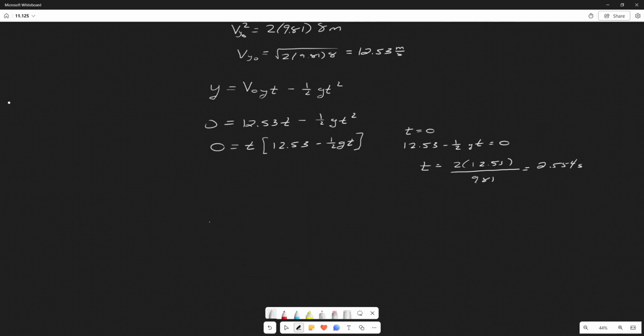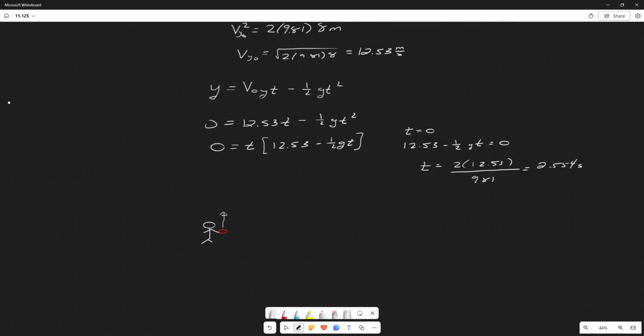So just to put that into perspective, from the reference frame of the boy, he throws the ball with a velocity that's straight up and down, so from his perspective the ball goes straight up.